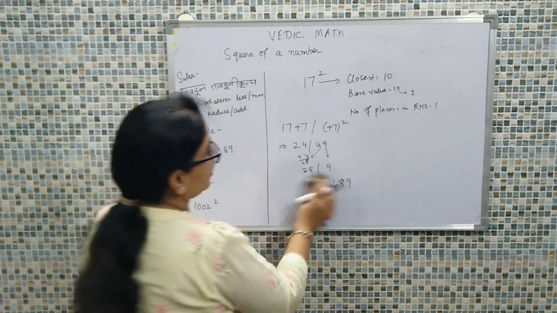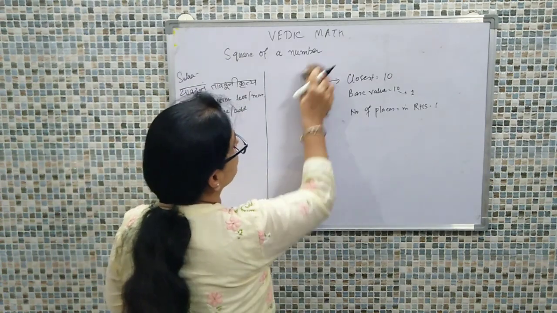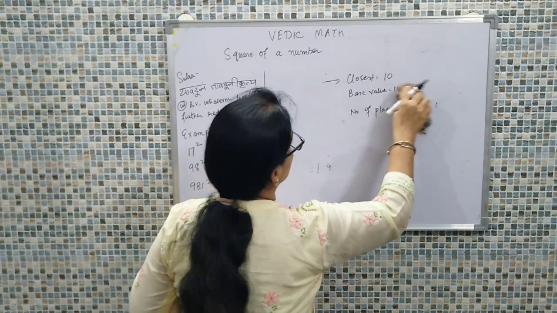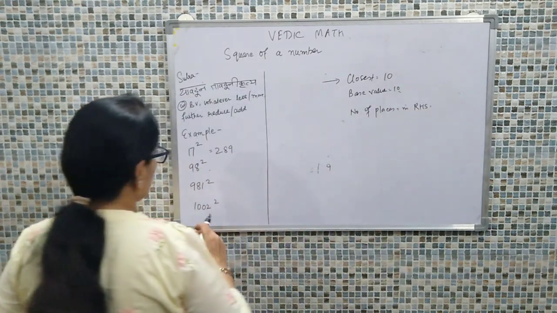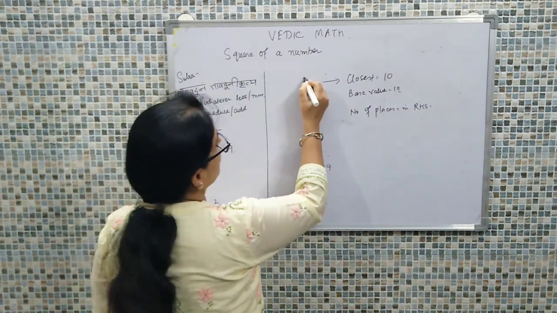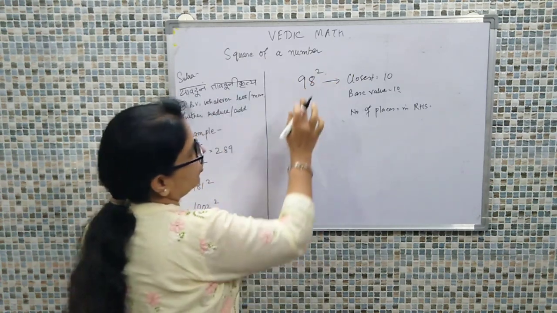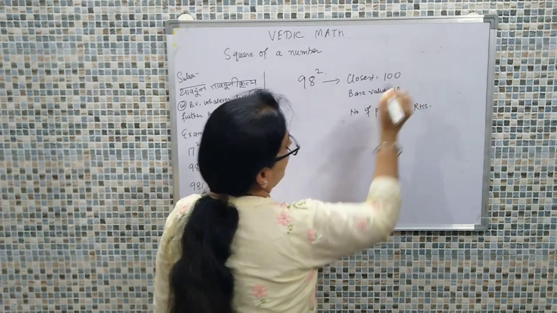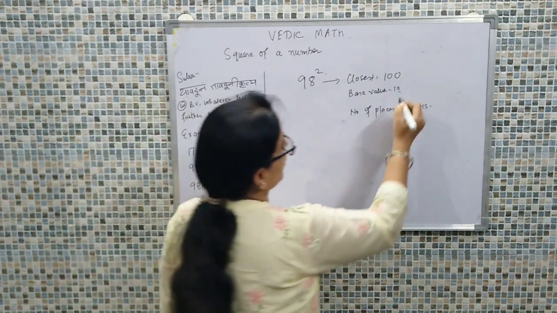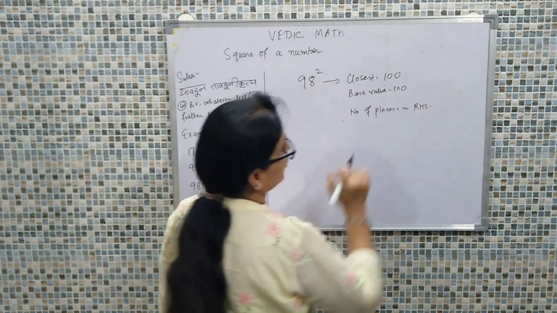Let's start with the second example. Now our second example is to calculate the square of 98. Now 98 is close to 100, so the base value we need to take is 100.